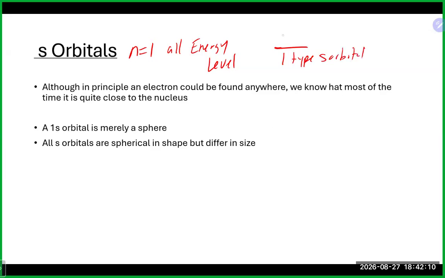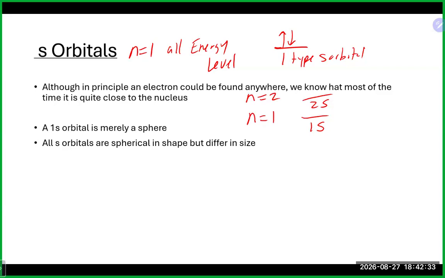And that one s orbital on any energy level can hold 2 electrons. On the first energy level, that is what is known as a 1s orbital. If you go to the second energy level, that is a 2s orbital. Go to the third, it's a 3s, and a 4s, and a 5s, and a 6s as you continue up the energy levels.